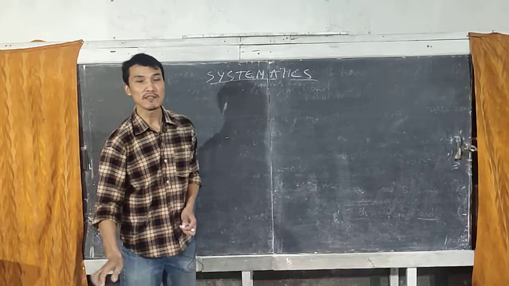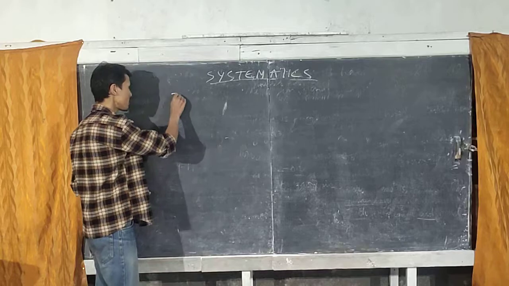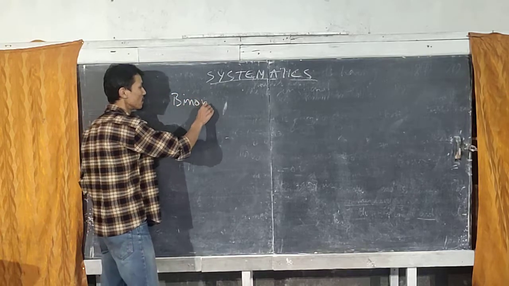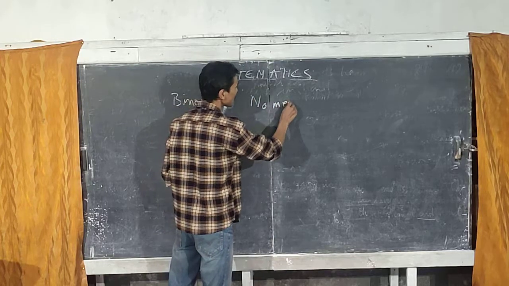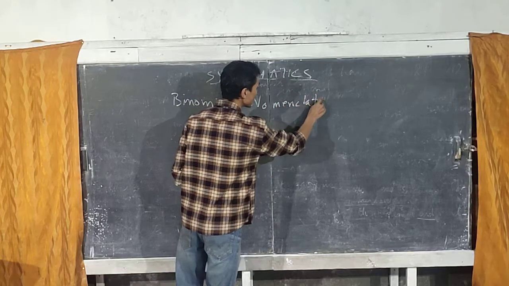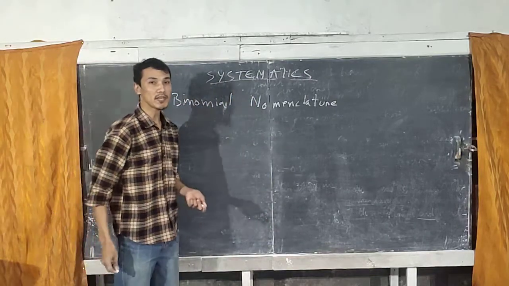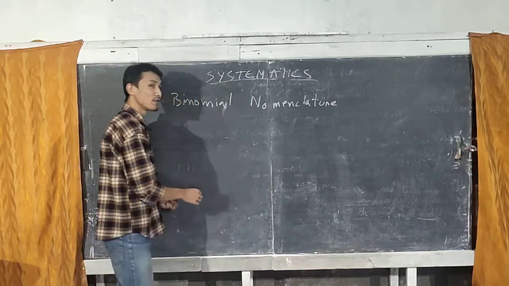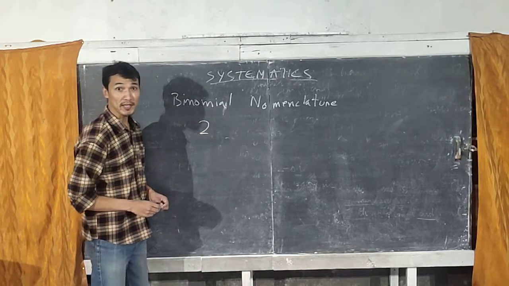When we talk about scientific names, the most common system followed is binomial nomenclature. By binomial nomenclature, what it means is you're giving two names to an organism.